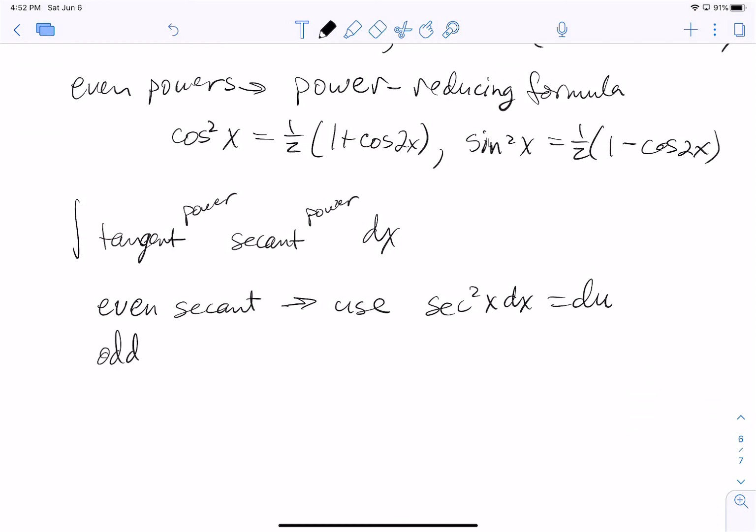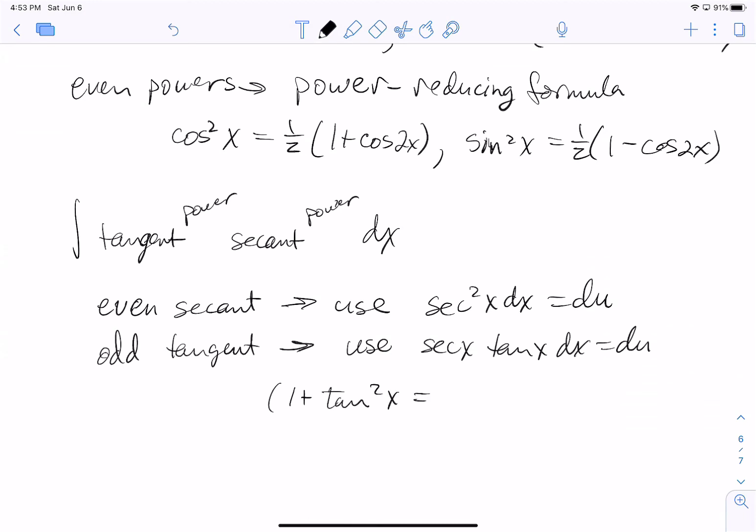If we see an odd tangent, then we're going to use that the secant of x times the tangent of x dx is equal to the du, whatever variable of integration we actually have. And oftentimes we're going to convert using the Pythagorean identity 1 plus the tangent squared of x is equal to the secant squared of x.